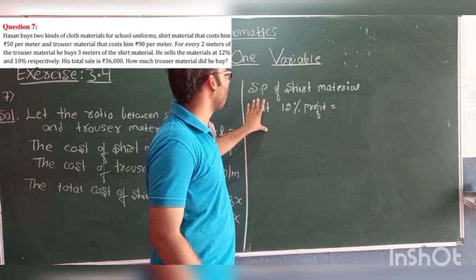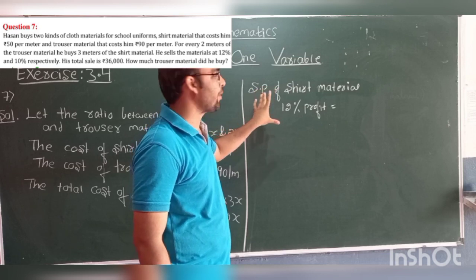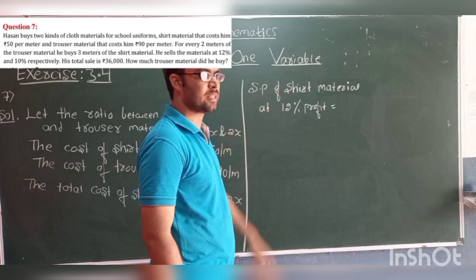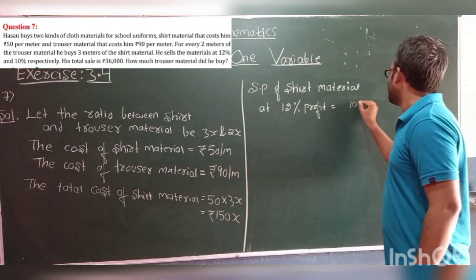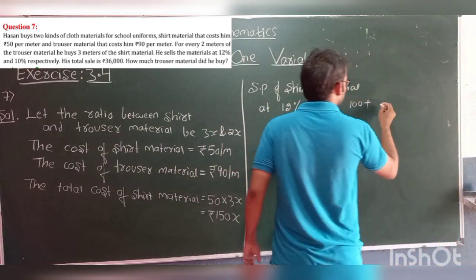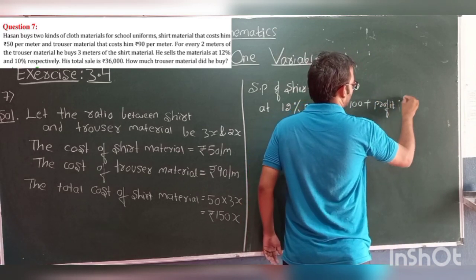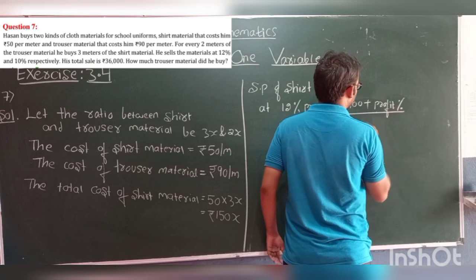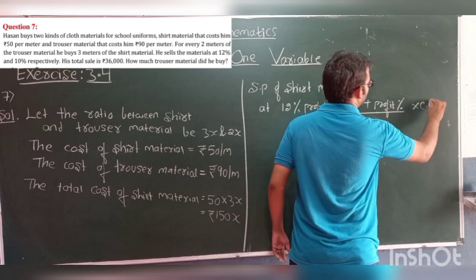So now what are we calculating? We are calculating the SP, that is the selling price of shirt material at a 12% profit. That is equal to, there is a formula: 100 plus percentage of profit, divided by 100, into cost price.